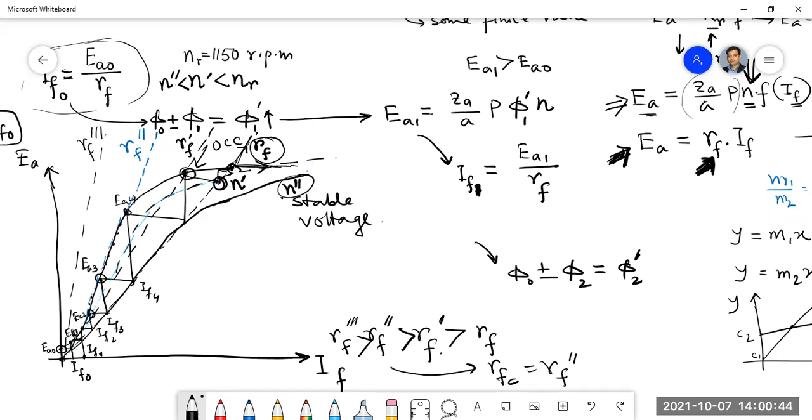Now what will be the stable voltage point here, for this combination of RF and N double prime? For N double prime, the OCC is this, and for RF, this is the field resistance line. Now what will be the stable voltage point, or what will be the point of interception in this particular case?